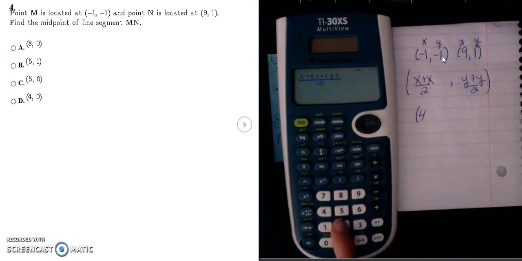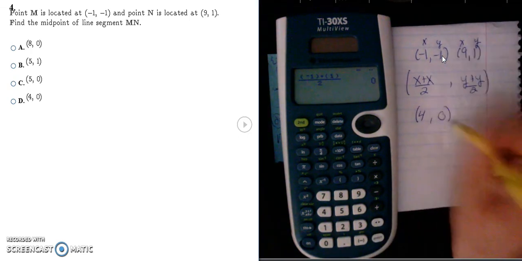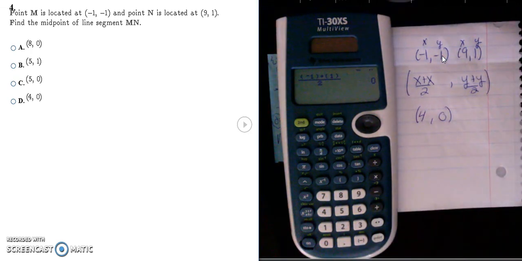Scroll down, put the 2 that's in the denominator of the formula, and press enter, and that's 0. So the y coordinate of my midpoint is 0, and my answer is (4, 0), which is D. So that's all the problems I have to show you on the calculator for this section.